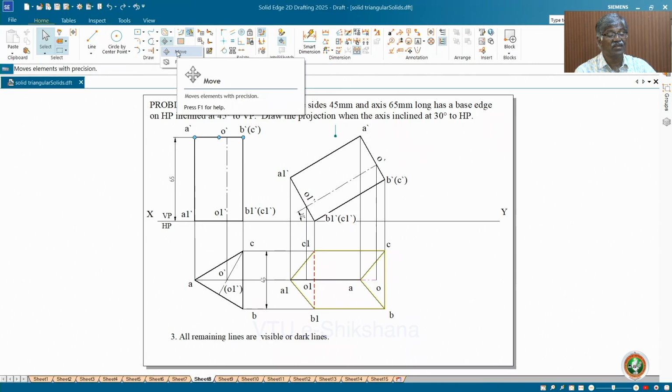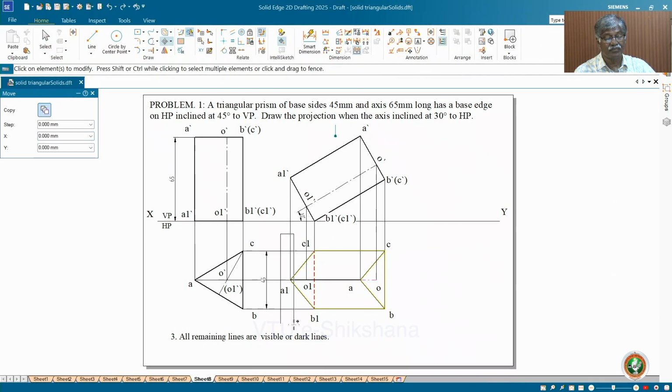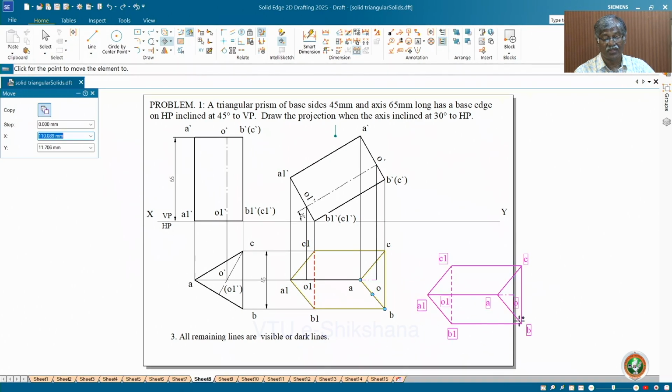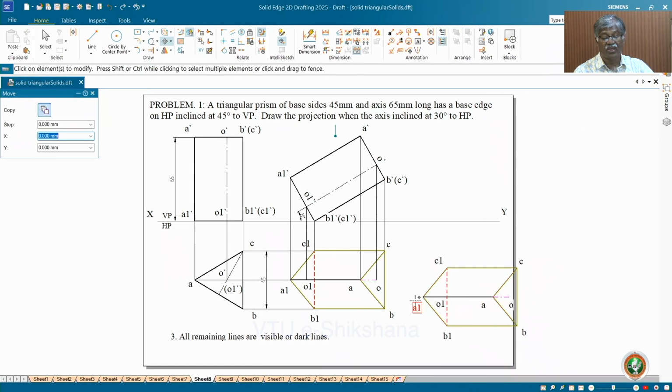See, this is move. Let it cover all. Move to a specific portion. Take it a little below only, so that it should not cross the x, y.